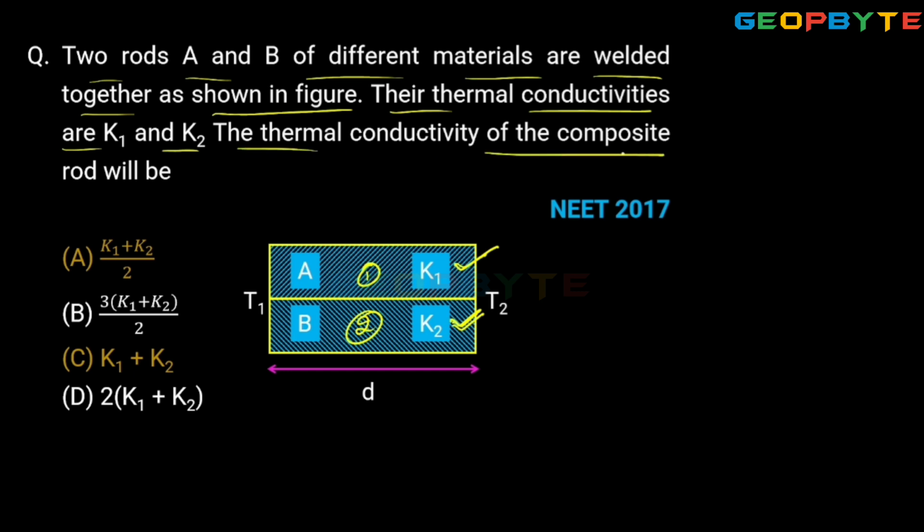You are asked to decide what is the equivalent thermal conductivity of the composite rod. For that, capital H must be equal to H1 plus H2.